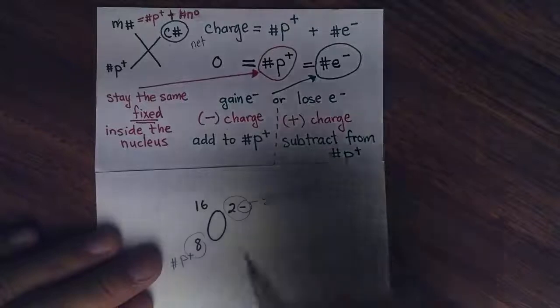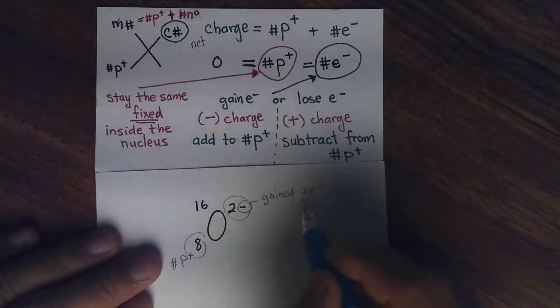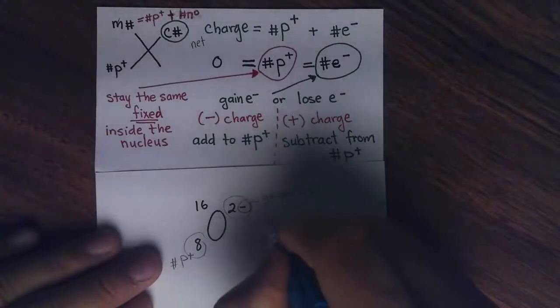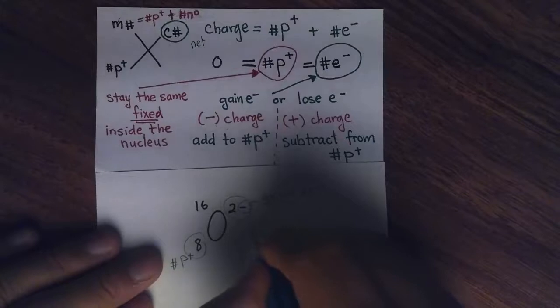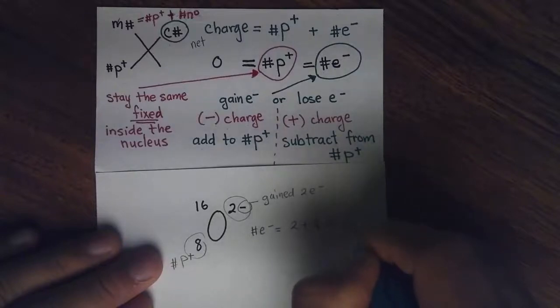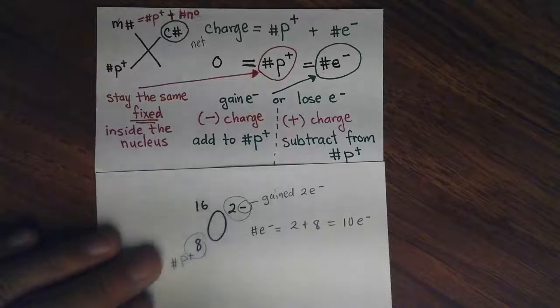That gives us the negative charge. So since it's gaining 2 electrons, we are going to add those 2 electrons to the number of protons. In this case, our number of protons is 8. So our total number of electrons is equal to 2 plus 8, and that gives us 10 electrons in this atom with a net charge of -2.